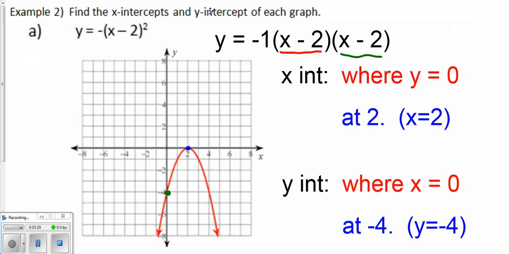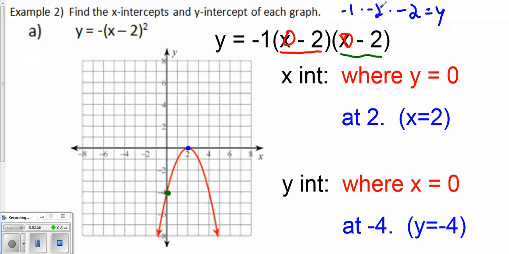Well, what would happen if we actually plugged in 0 everywhere we see an x? Like right here and right here. 0 minus 2 is negative 2. 0 minus 2 is another negative 2. And we have a negative 1 out here. So it's saying negative 1 times negative 2 times negative 2 equals y.